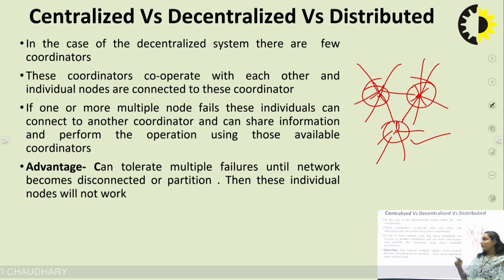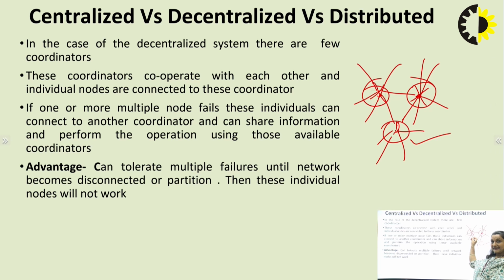If I am saved in this coordinator and it fails, that information is also updated here. Then I will get the information from coordinator 1, 2, or 3. If one fails, I will get it from the second or third. So this is the disadvantage: you have to update all the coordinators.